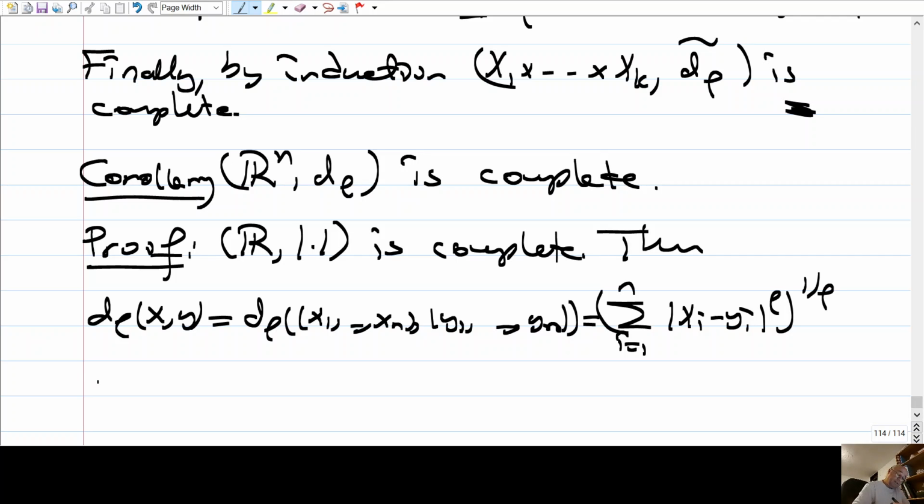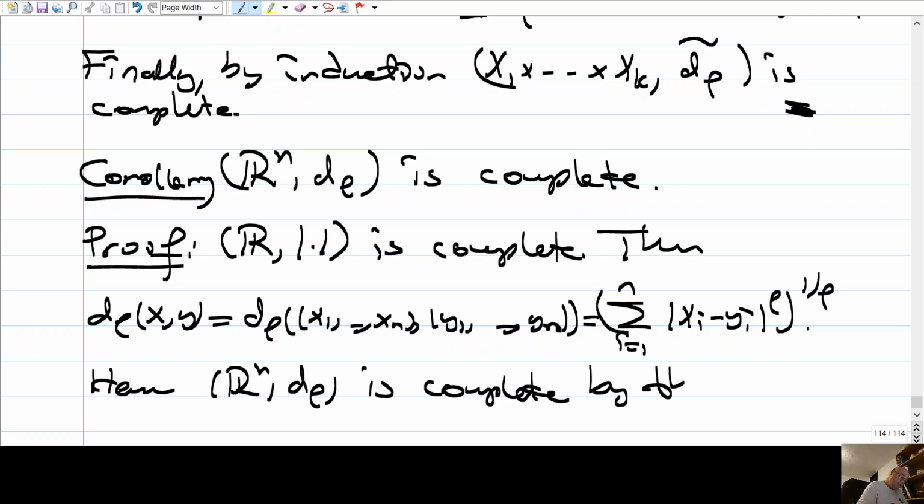This is complete. Okay. Hence, Rn with d row is complete by the previous proposition.